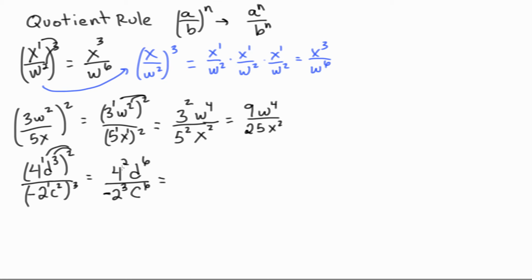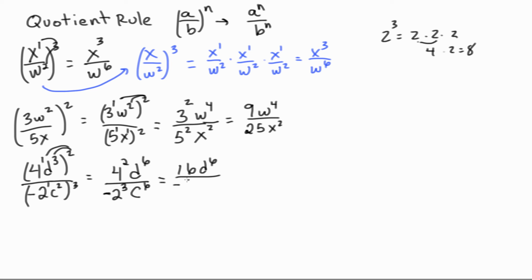All right, so 4 squared is really 16, d to the 6, all over. This negative, I'm going to leave here. And then 2 to the third power, right? So 2 to the third power really is 2 times 2 times 2. I have 3 factors of 2. Oops, this should be a 3, sorry. Okay, there we go. So 2 times 2 is 4, times 2 is 8.